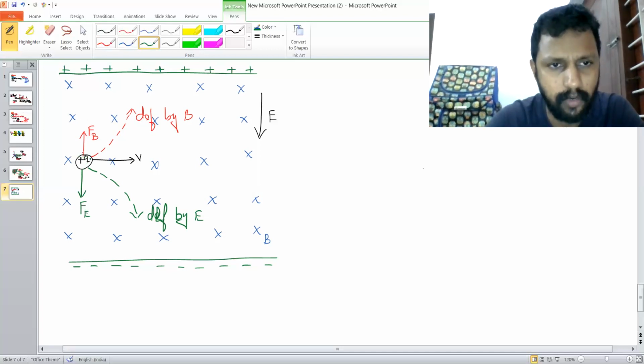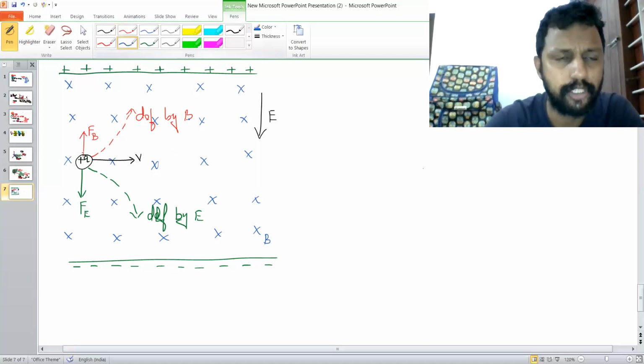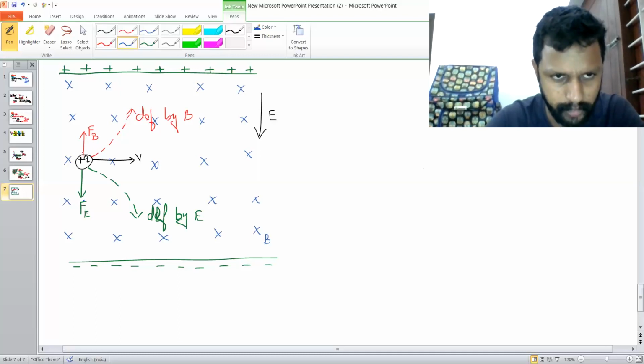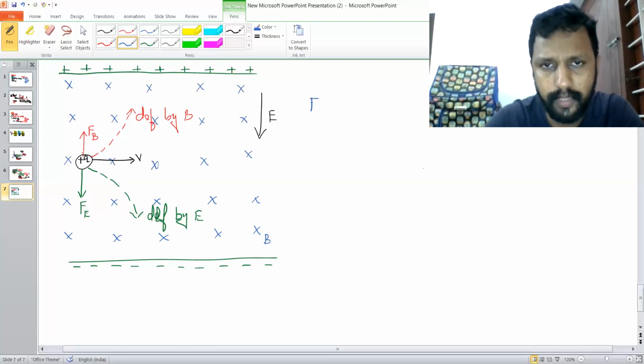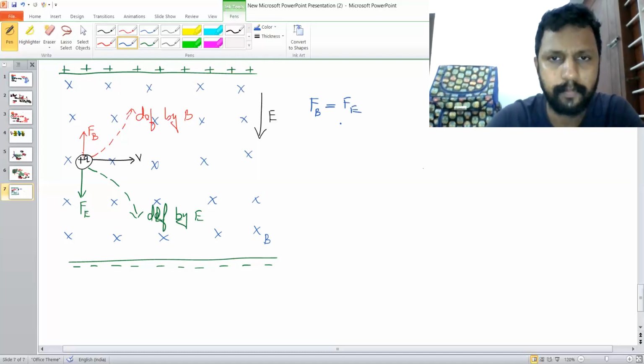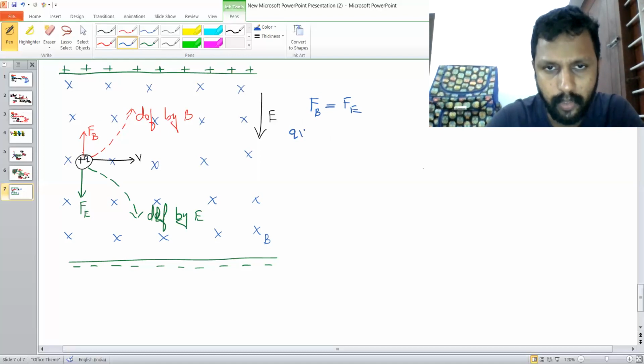Initially, the charged particle was moving with the velocity v. There will be a situation where the net upward force becomes equal to the net downward force. Imagine that situation. If the magnetic Lorentz force FB is equal to the electric Lorentz force, we could write the magnetic Lorentz force as QVB sin theta.